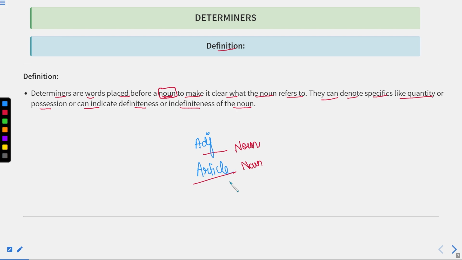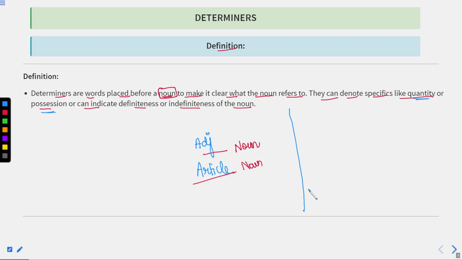Similarly, a determiner can also qualify a noun. But how? Is tall a determiner? No, not at all. If a word denotes quantity or position, not quality but quantity or position, that can be said to be a determiner. How?